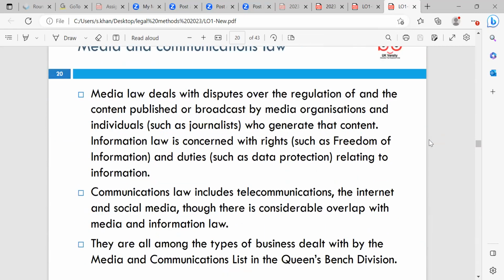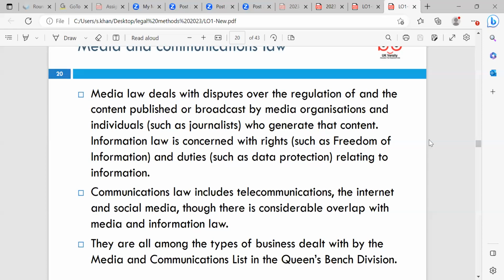We've got media communications law. Media law deals with disputes over the regulation of and the content published or broadcast by media organizations and individuals such as journalists who generate that content. Information law is concerned with rights such as freedom of information and duties such as data protection relating to information.